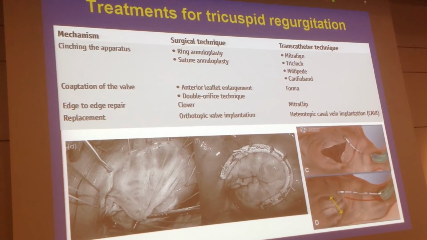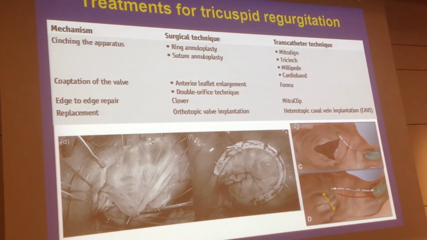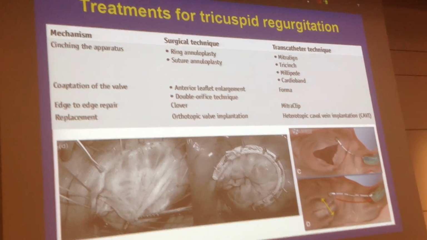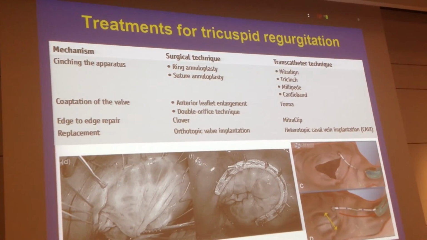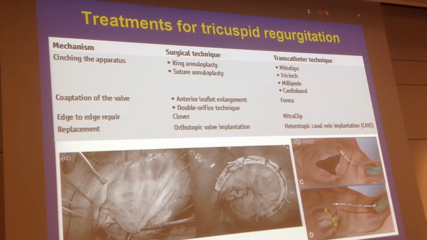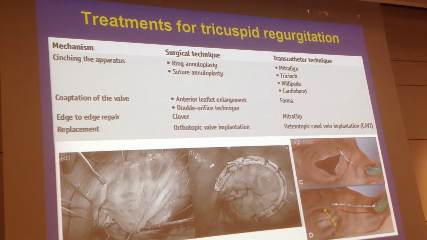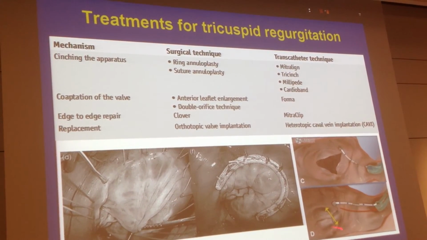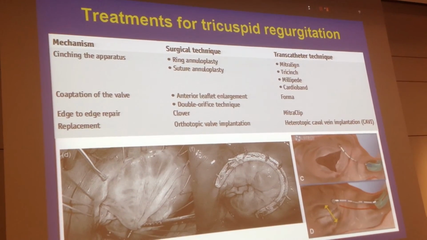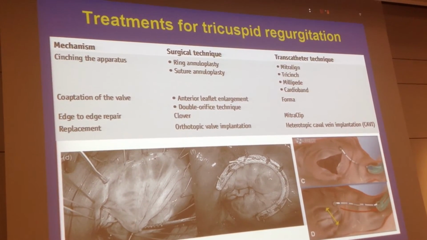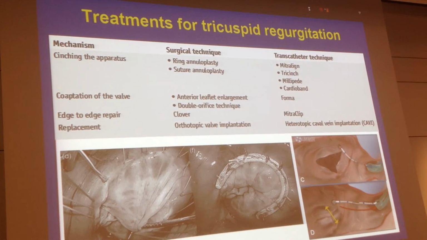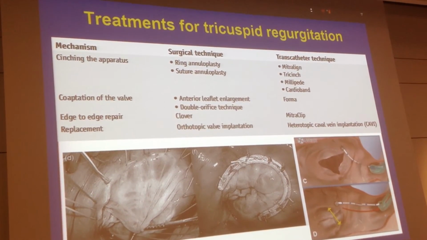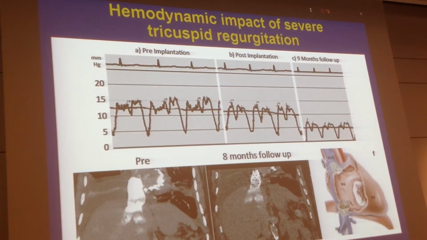The replacement of the tricuspid valve surgically with a mechanical valve is always a big problem. You have to anticoagulate the patient, and it may lead to thrombotic events. So surgery is more and more in our days, particularly in the elderly population, replaced by transcatheter methods. There are several methods where you try to regain the annulus, to close the annulus, and to tighten the valve using a catheter technique. I think this is a promising technique for the future.